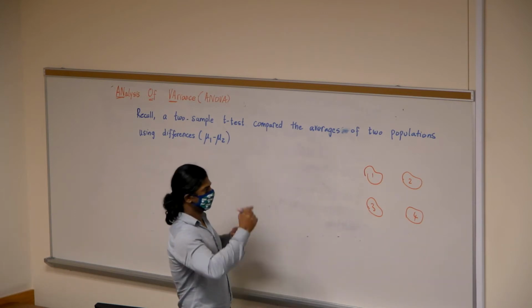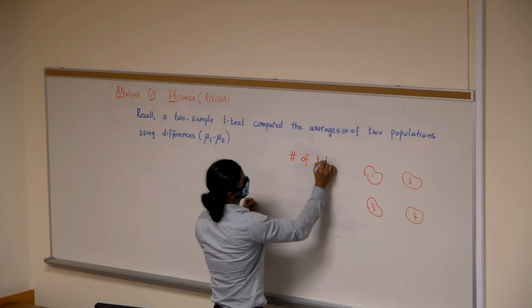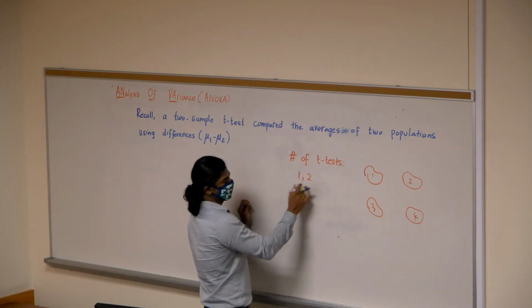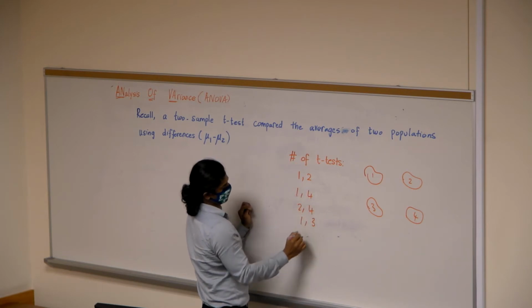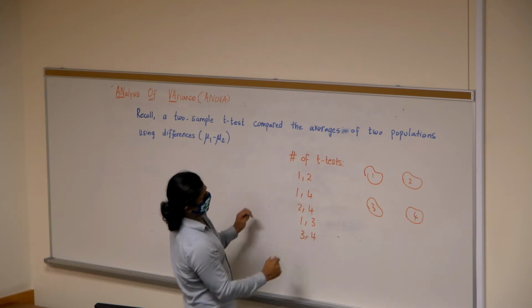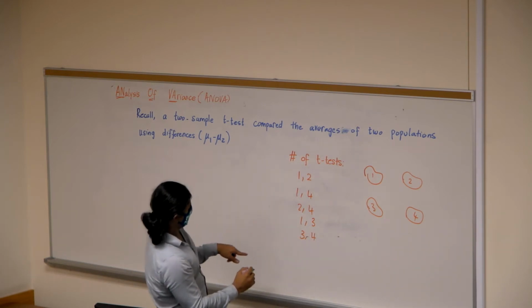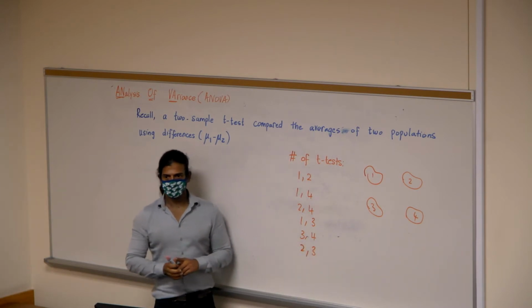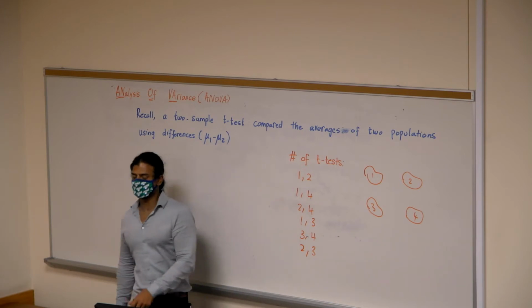So, with two-sample t-tests, the number of t-tests that you can perform: you can compare 1 and 2, 1 and 4, 2 and 4, 1 and 3, 3 and 4. What am I missing? 2 and 3. Right. So to do that, you would need 6 different t-tests.